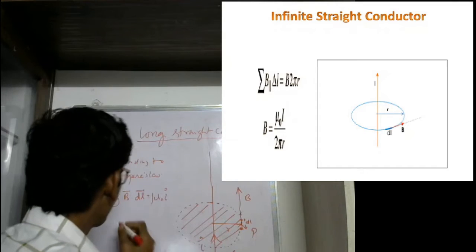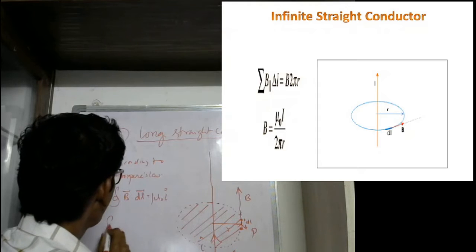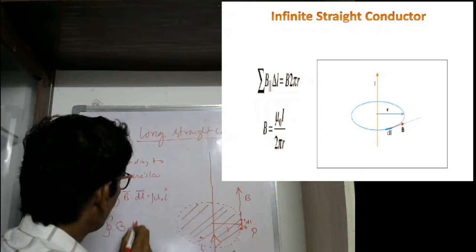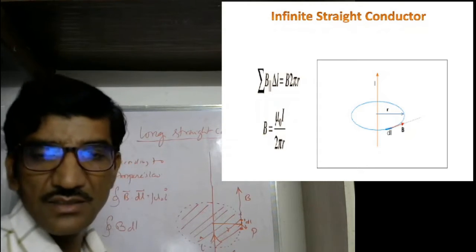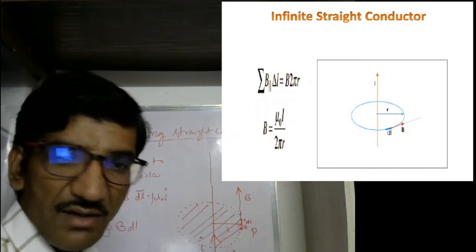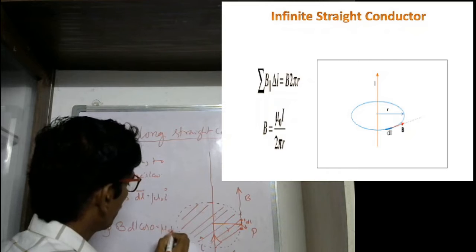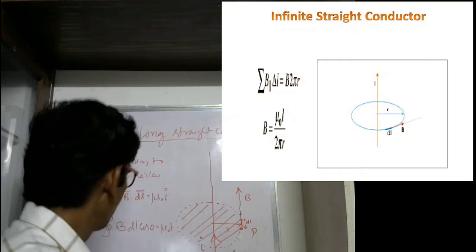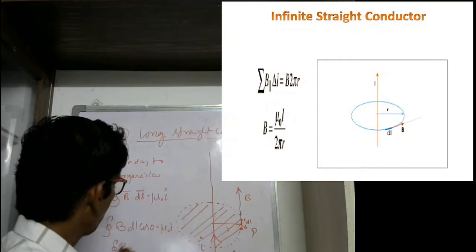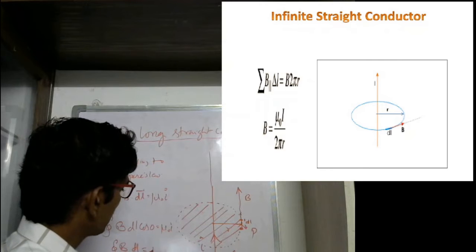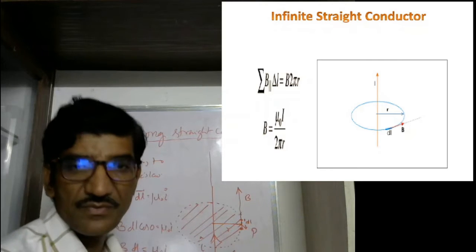So here you simply have the integral of B dl cos 0 equal to μ₀I. So you have simply B dl equal to μ₀I.